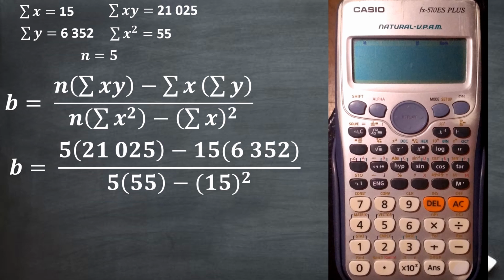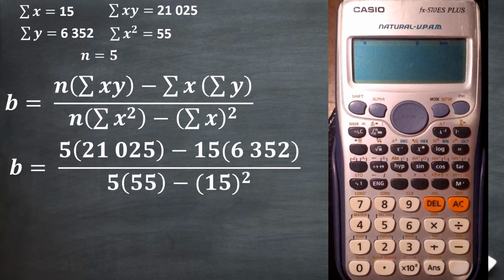Substituting the values for n in the summations, we will have the value of B as 5 multiplied by 21,025 minus 15 multiplied by 6,352 all over 5 times 55 minus 15 squared.